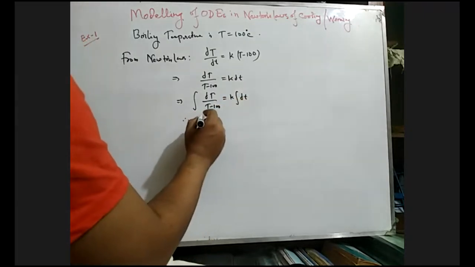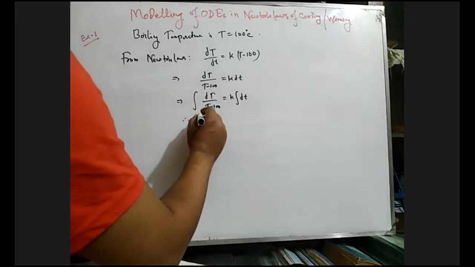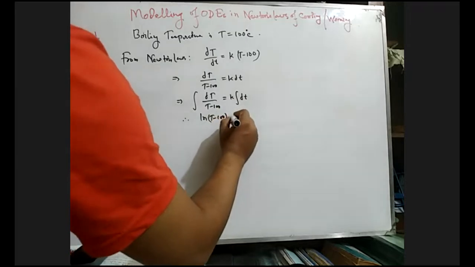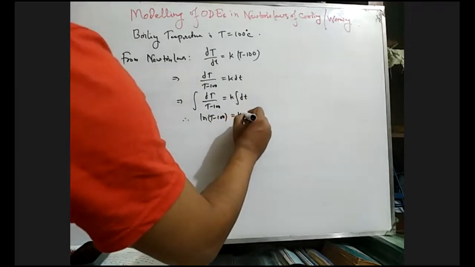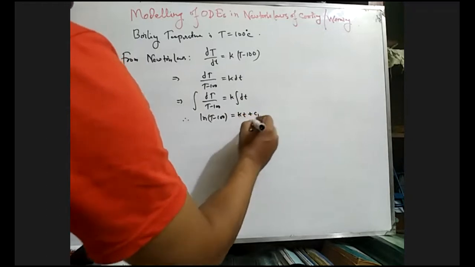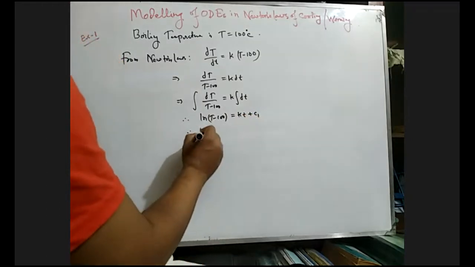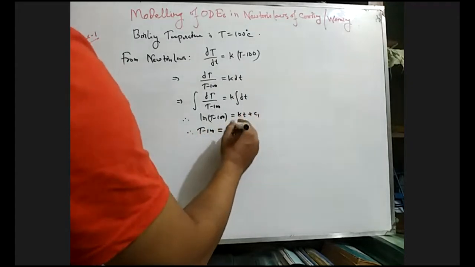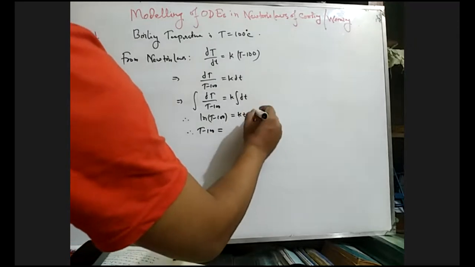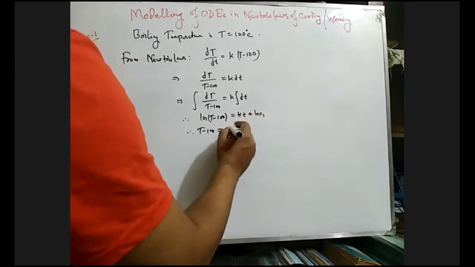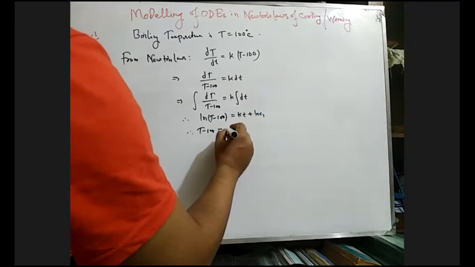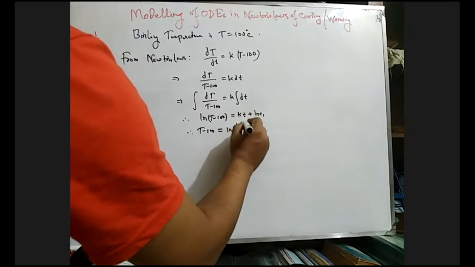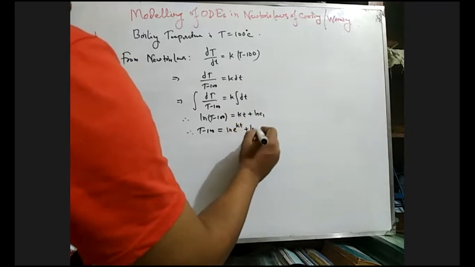Therefore ln of (T minus 100) equals kt plus c1. Therefore T minus 100 equals e to the power kt times e to the power c1.